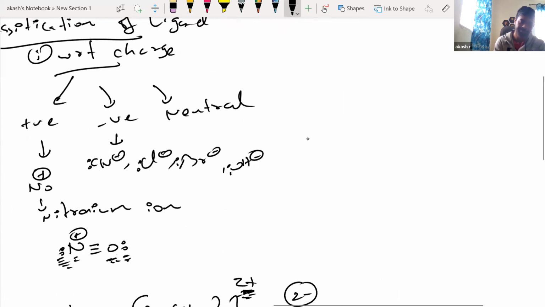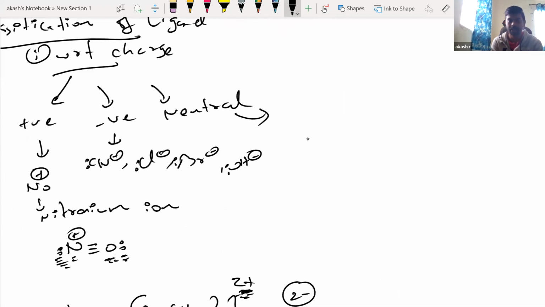Next, neutral ones. One of the classic examples of a neutral ligand is H2O. How do we understand this? Obviously, the oxygen atom in water has a lone pair that can be donated. Another case, ammonia, is again a very good example, having a lone pair that can be donated. And I can have carbon monoxide.